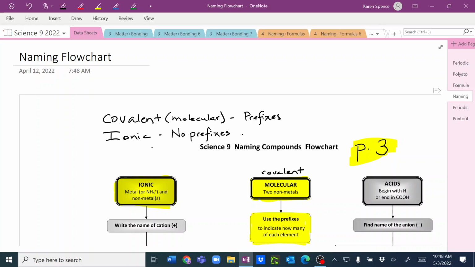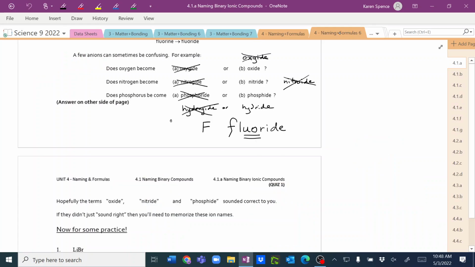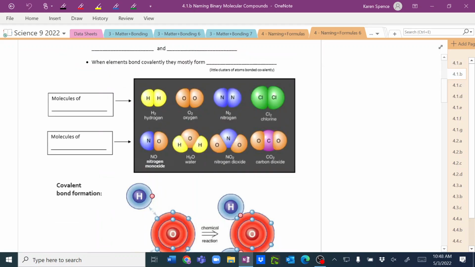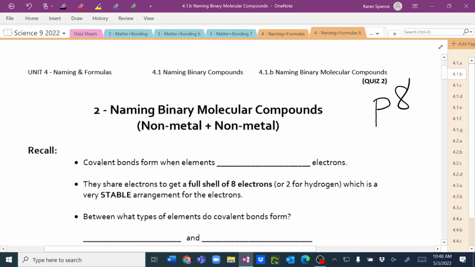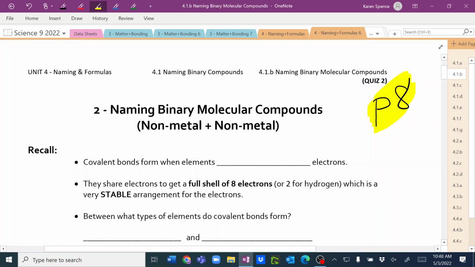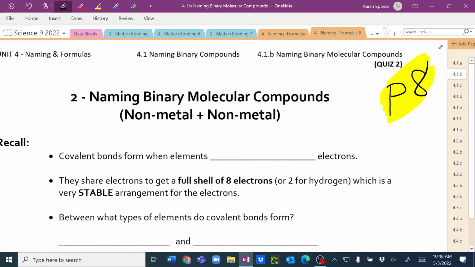Now, knowing that, we are going to go to 4.1b, which is on page 8. Okay, covalent bonds form when elements do what with their electrons?